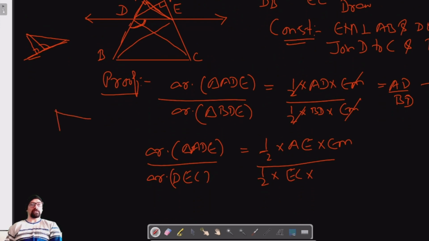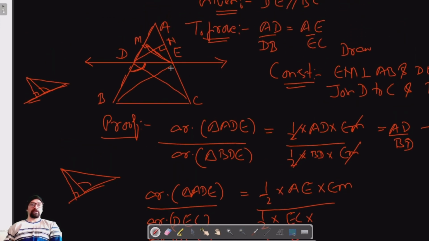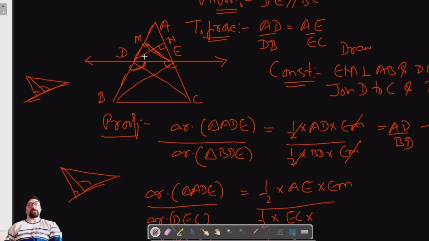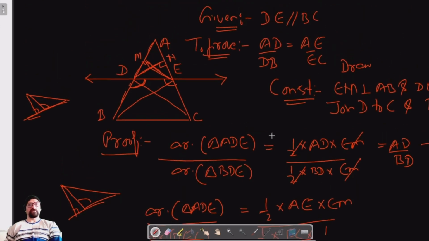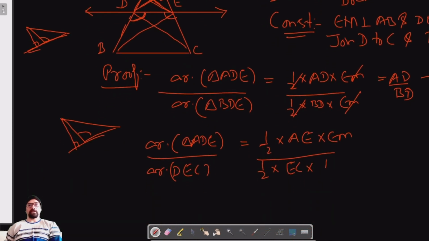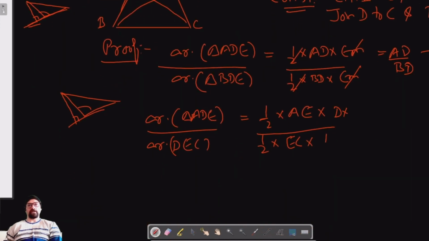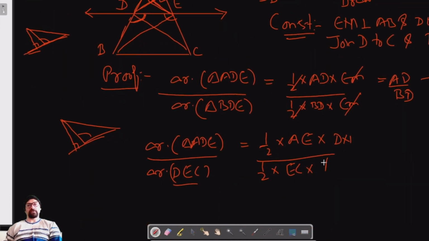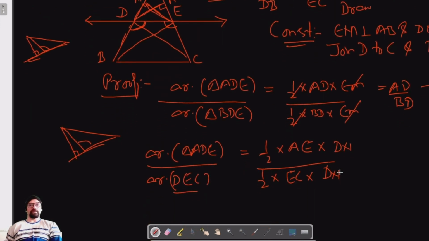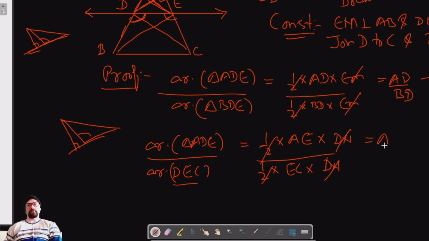So its height is outside, the obtuse angle at C, height is DN. So for base AE, height is DN, and for triangle DEC, half into EC into DN. So DN and half get cancelled. So this is equal to AE by EC. This is our second equation.